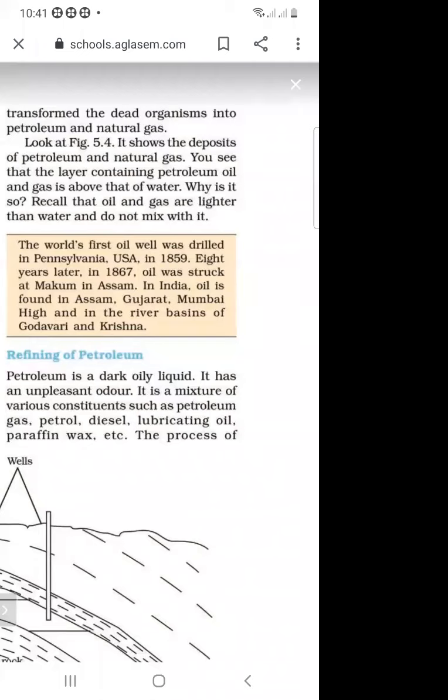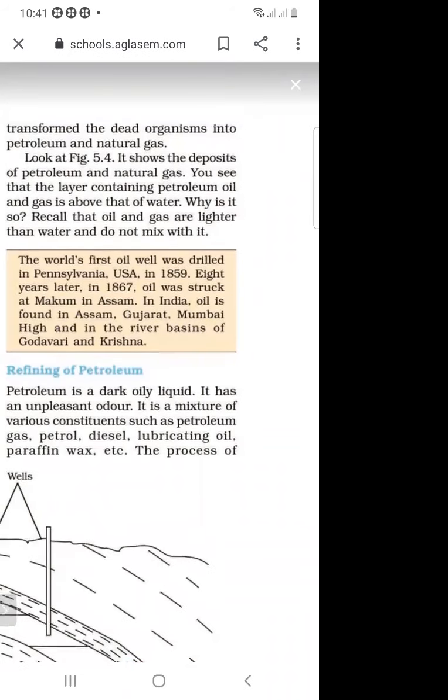So figure 5.4 shows petroleum and natural gas. You see that the layer containing petroleum, oil and gas is above that of water. Why is it so?